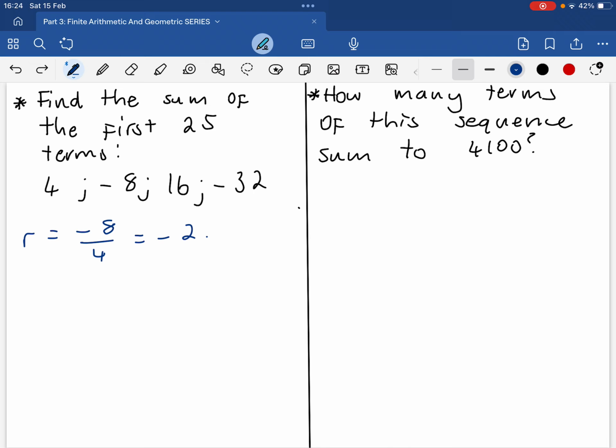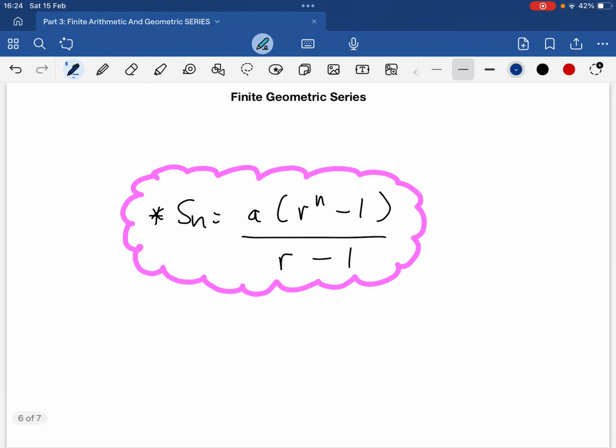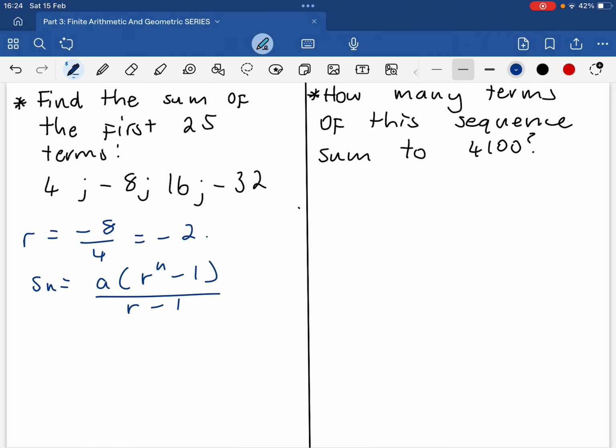Find the sum of the first 25 terms. Well, we know that Sn is always equal to a into r to the n minus 1 over r minus 1. This is the formula for the sum of a geometric series. And so the sum of the first 25 terms would be 4 into -2 to the power of 25 minus 1, all divided by -2 minus 1 in our case.